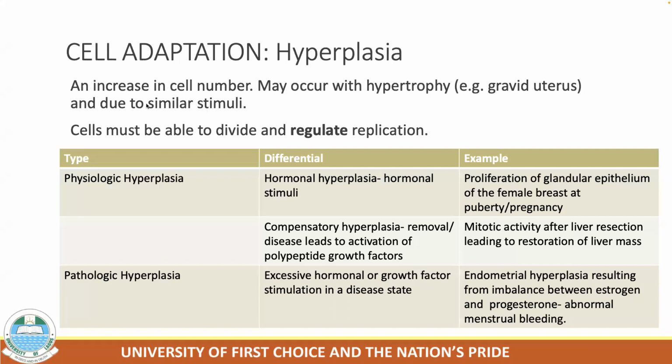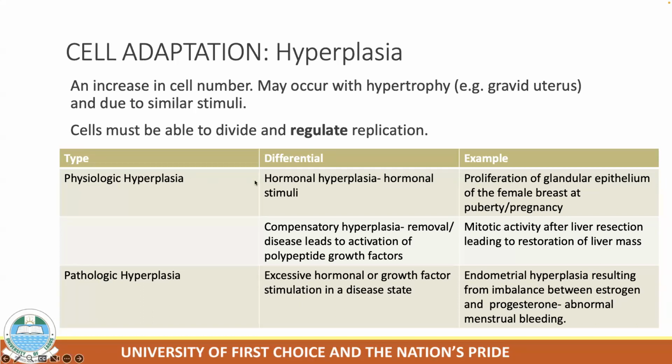And they are due to similar stimuli, right? The requirement for hyperplasia to take place is that cells must be able to divide and regulate replication, right? So they can up-regulate or down-regulate replication due to stimuli that are being received by the cell.